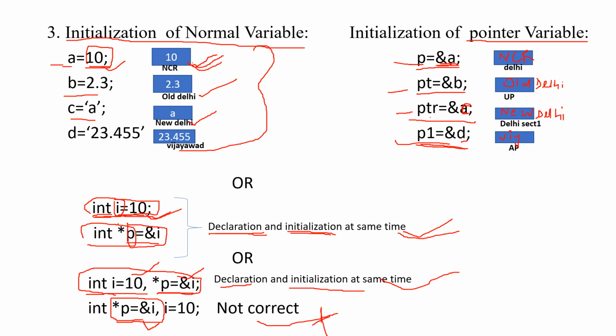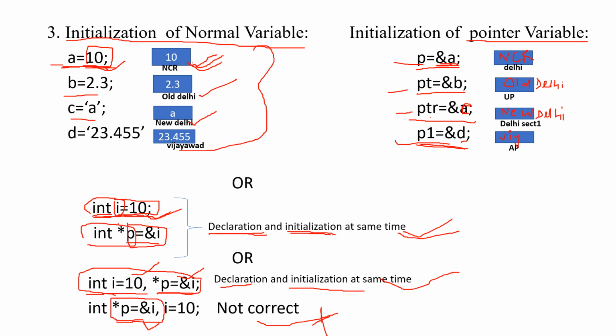Now one more point I am going to explain. If your normal variable is an integer, that variable's address is only going to be stored by an integer pointer.